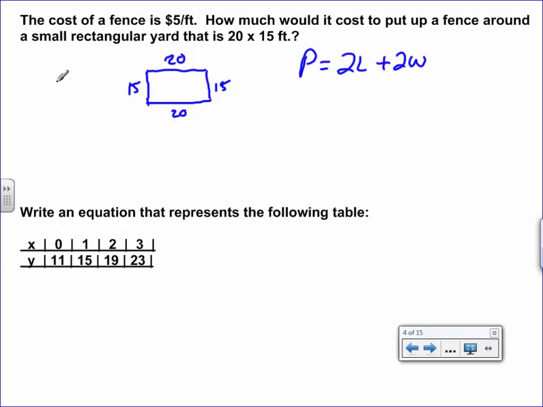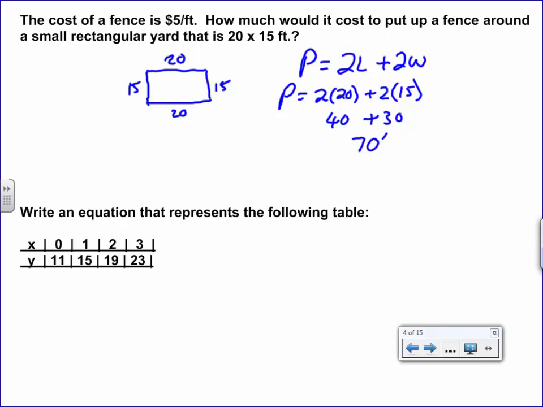Traditionally, length is the longer side, though you could plug it into either one. So the perimeter is equal to 2 times 20 plus 2 times 15. So we have 40 plus 30. So you have 70 feet of fence.